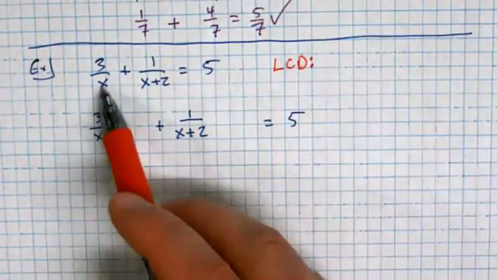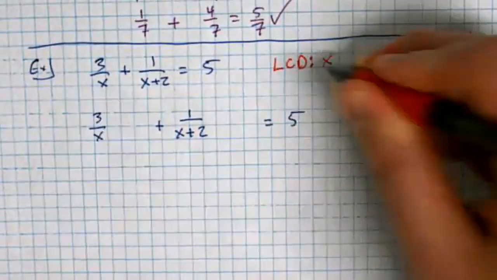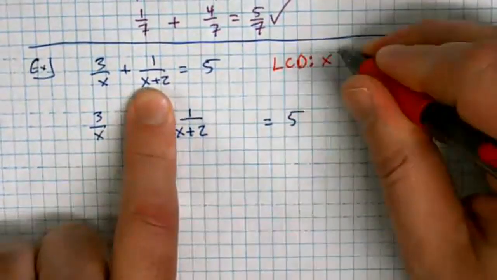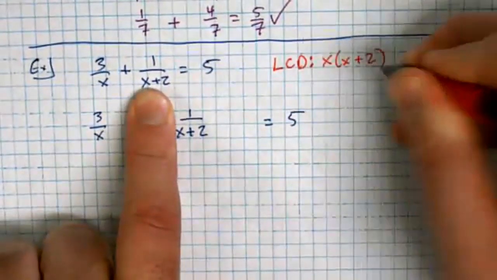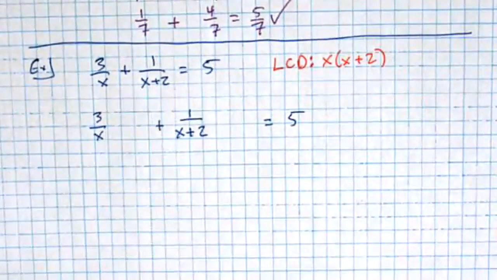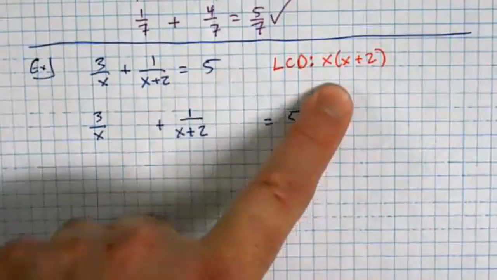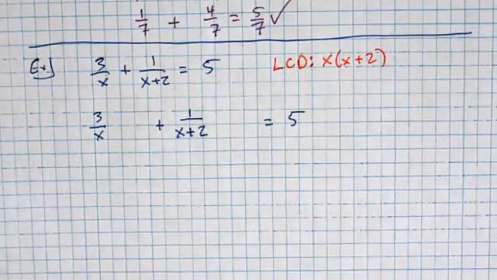So when I look at this, I see a factor of x. So my lowest common denominator is going to need a factor of x. And I see another factor of x plus 2. So my lowest common denominator is going to need an x plus 2 in it. This has a factor of 1 in the bottom. That's already kind of included by default there. So my LCD should be x and x plus 2.